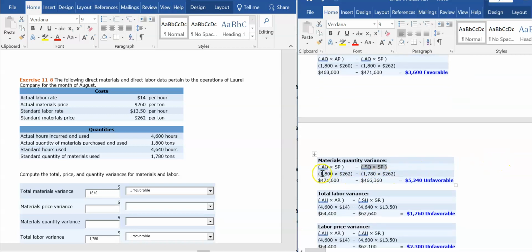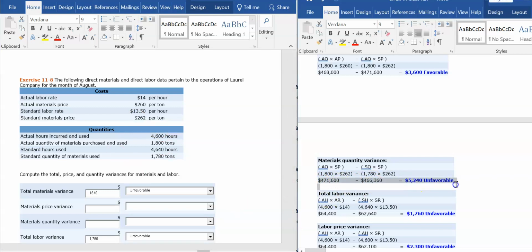Okay. So here, looking at our actual quantity times our standard price to get our total flex budget, we compare that to the standard quantity. Standard quantity is $1,780 times the standard price of $262.